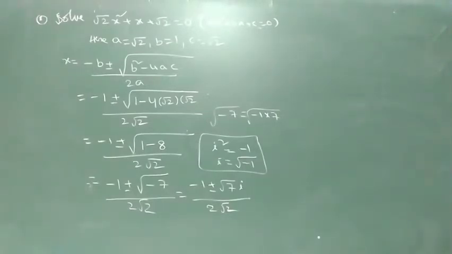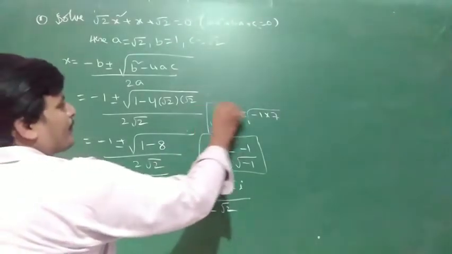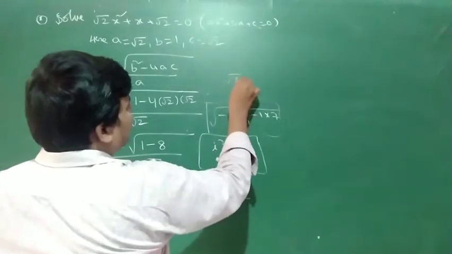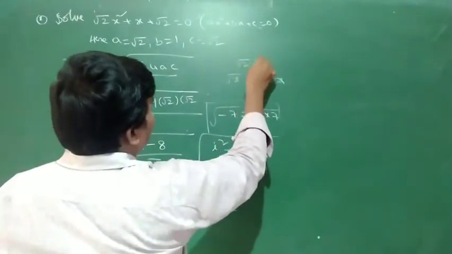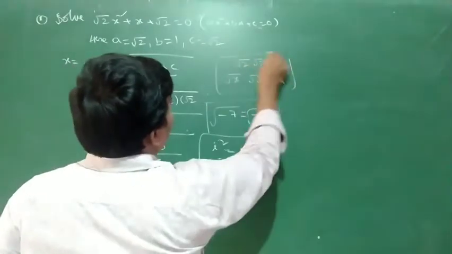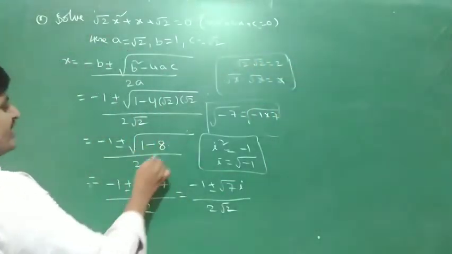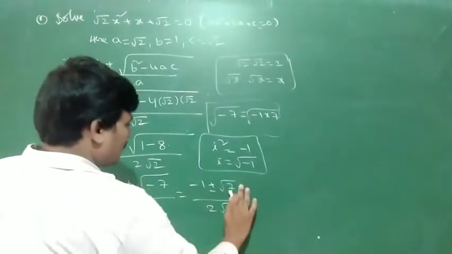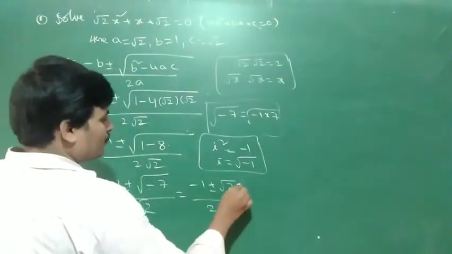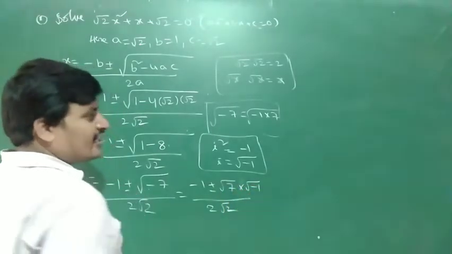Okay, root 2 into root 2, root x into root x is equal to x, so root 2 into root 2 is equal to 2, and 1 minus 8 is equal to minus 7. Any doubt? Root 7 is equal to root 7 into root minus 1.